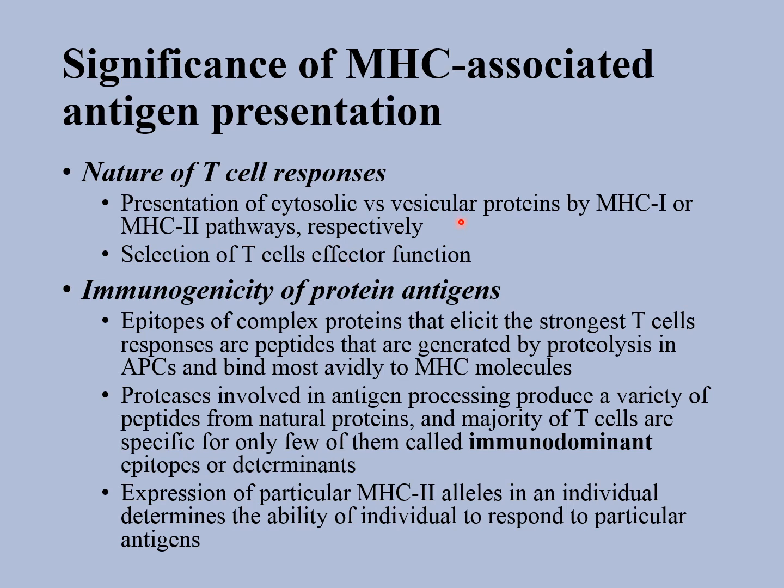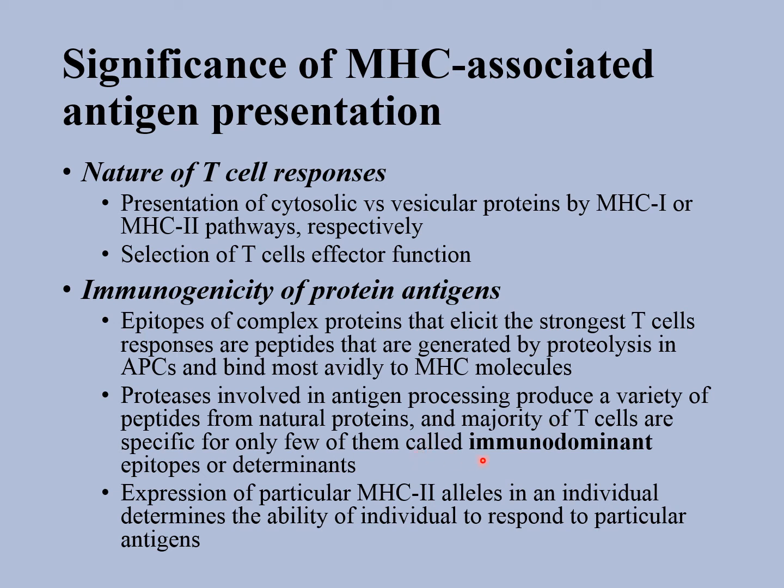The second effect of MHC-associated antigen presentation is on the immunogenicity of the protein antigen. As we know from our previous lectures, epitopes are processed, or the whole antigen is processed by the antigen presenting cells, making it more immunogenic and resulting in increasing their avidity, because proteases degrade the antigen or protein into multiple different types of peptides, but the majority of the T cells can recognize and bind specifically to few of them.